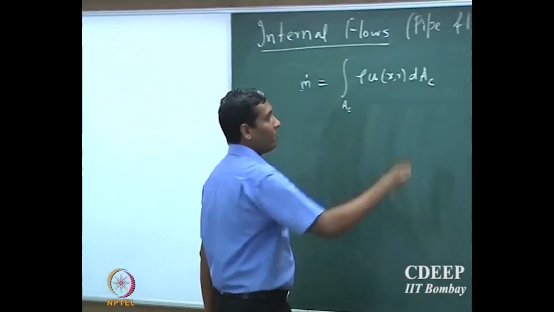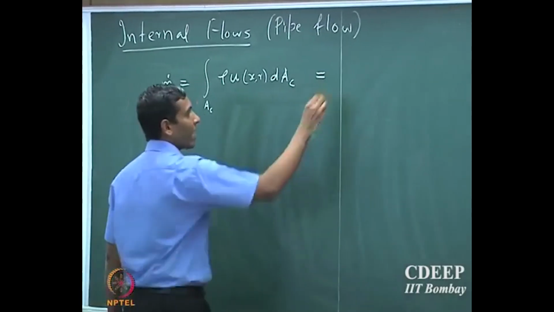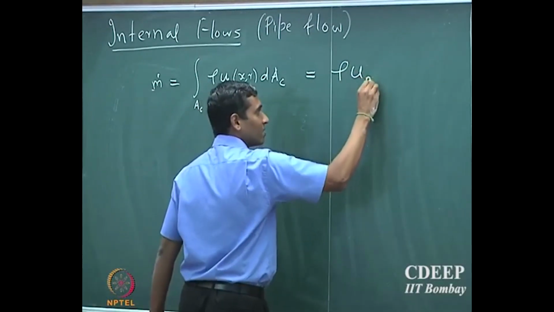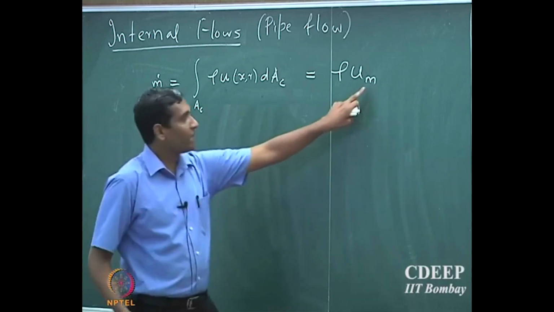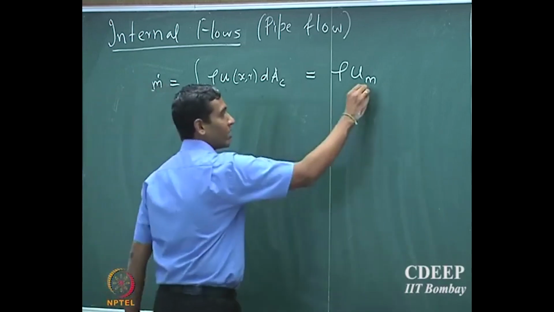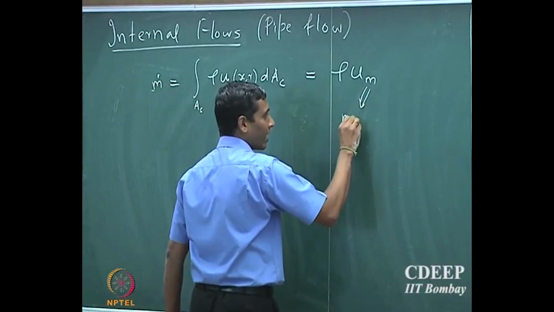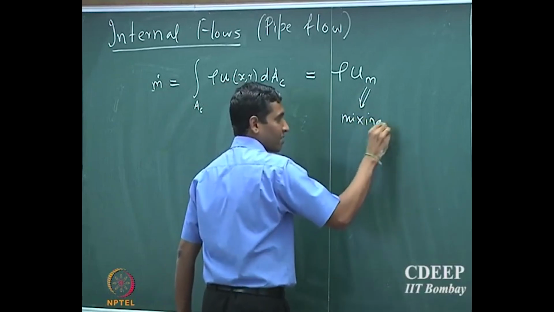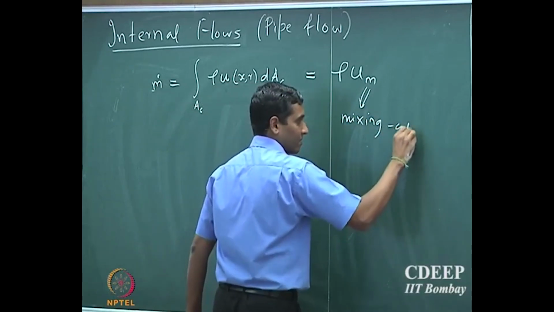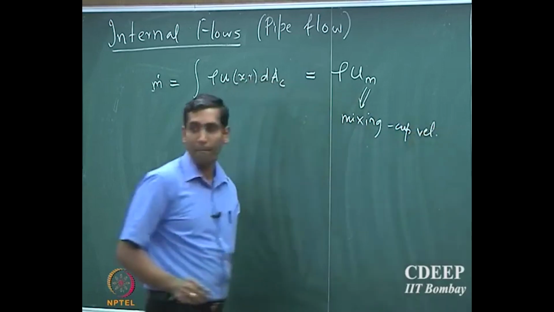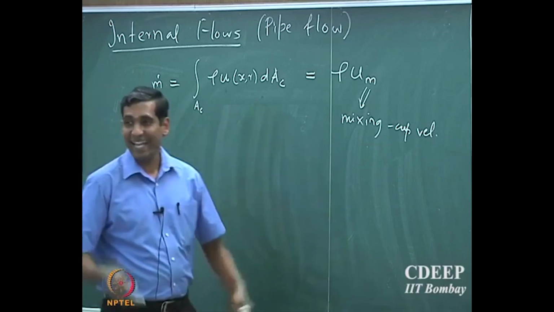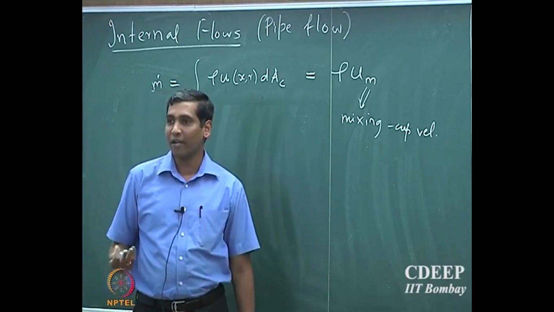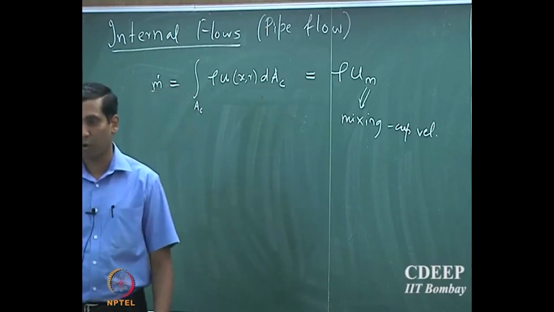Now we can define this as rho times U_m times the cross sectional area A_c. So U_m is the average velocity, and I put m here because in classical literature it's also called the mixing cup velocity, either cup mixing or mixing cup. Mixing cup is basically an area average or cross sectional average quantity.